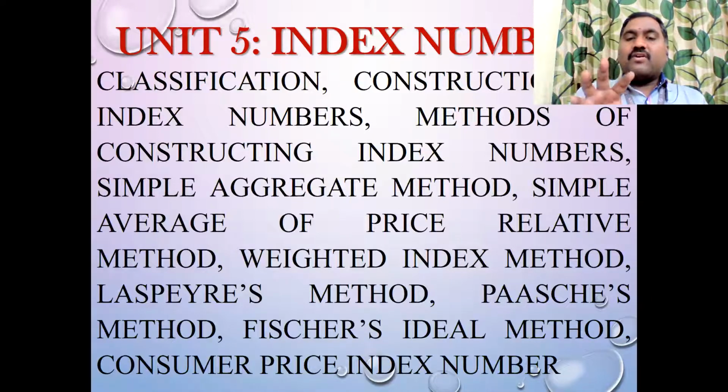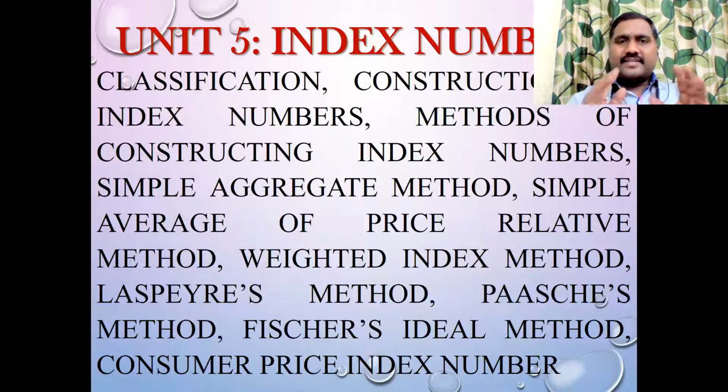The indicator of changes, variation. Okay, what is the variation? What are the changes that take place in a particular variable? That it will indicate. Okay, so index number. If you see the statistical meaning, it is a measure of relative change, as Arish just told, in income, and not only income, other variables also.